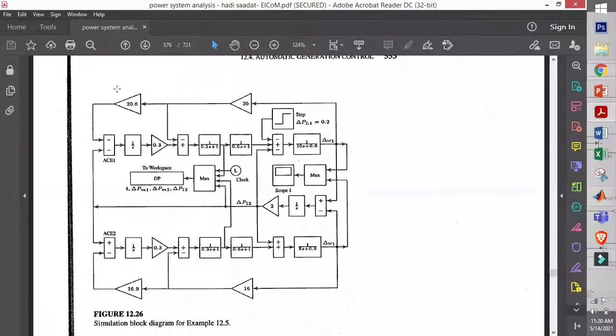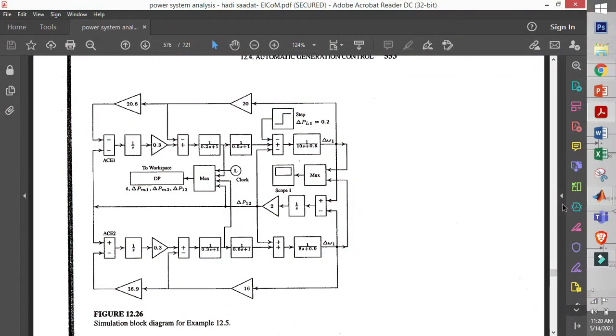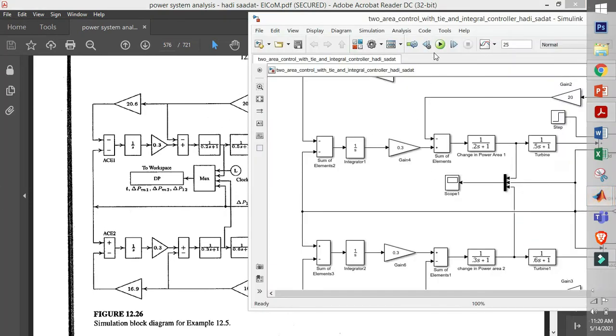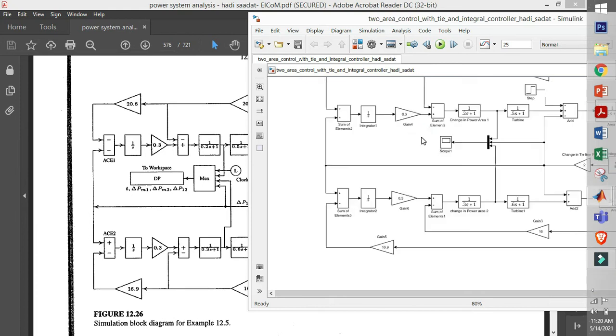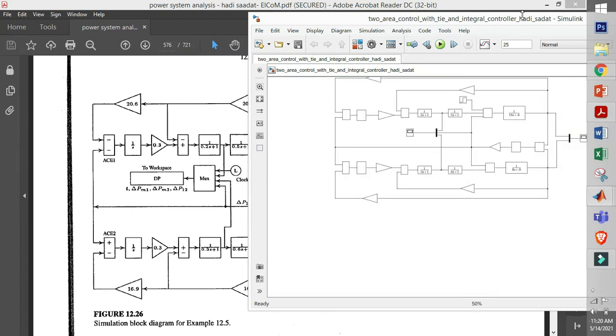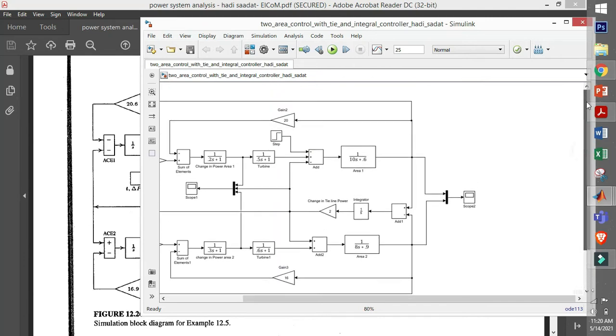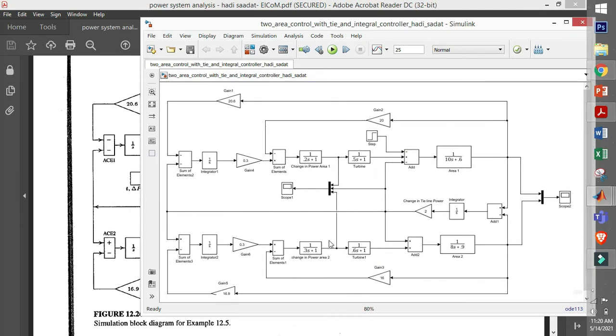If you draw this model in MATLAB as they did, you will not get the correct answer. What I have drawn is that I did not connect this 20.6 with this line here.